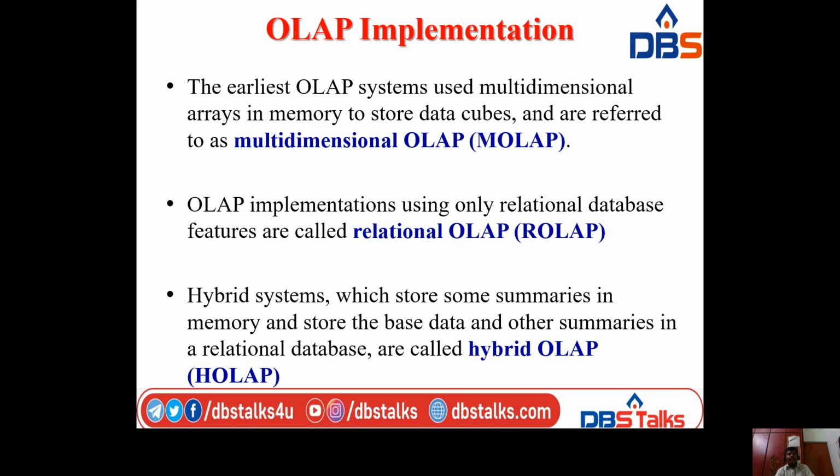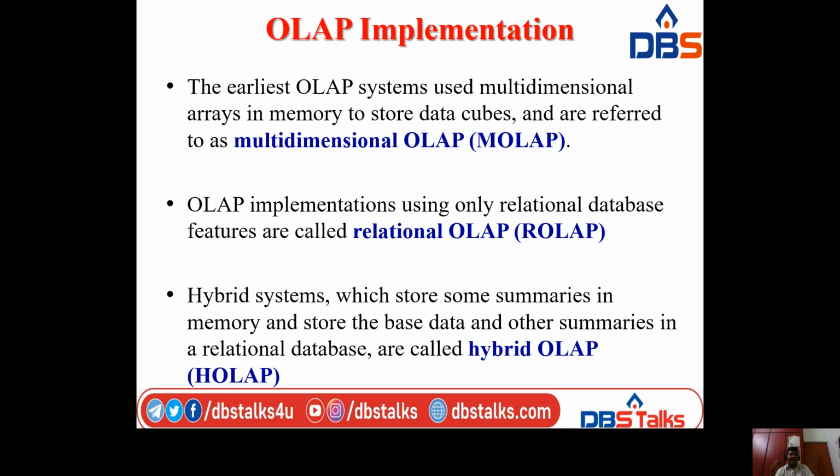These are the three types of implementations used for OLAP. The first one is multidimensional, where the storage representation is data cubes. Coming to ROLAP, we use the features from the relational database only.